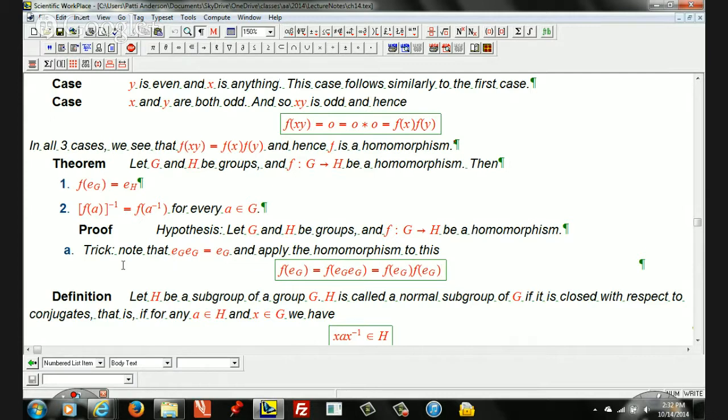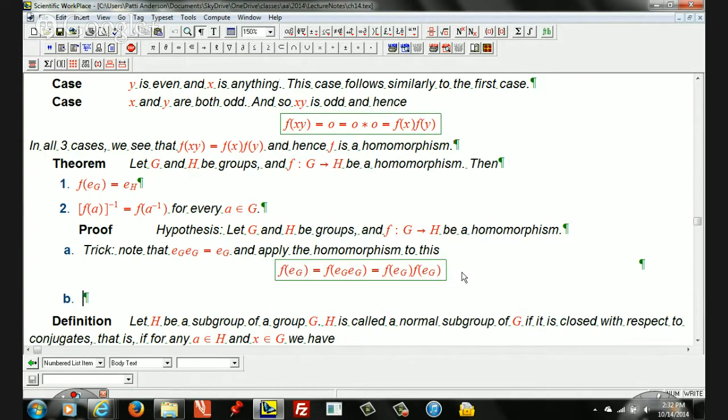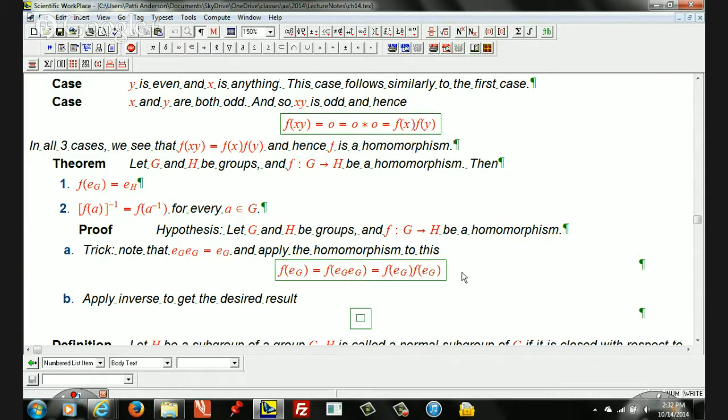And then from that step, all you have to do is apply inverses to get what you need. When you apply the inverse, you're going to have F of E sub G inverse times F of E has to be equal to F of E sub G.